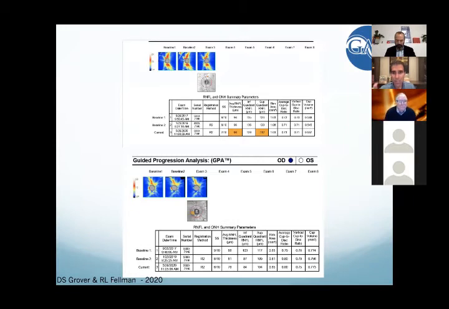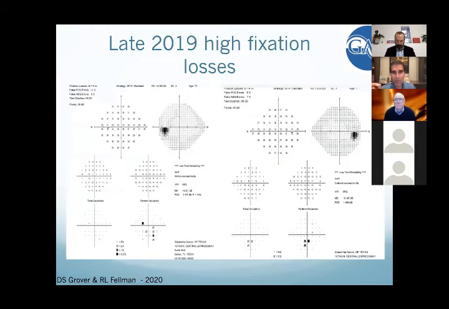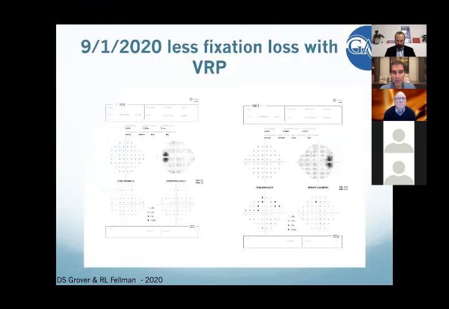And what was interesting is that the traditional Humphrey didn't pick it up. So perhaps what's challenging me with this technology is it's picking up classic field defects that correspond to nerve fiber layer loss perhaps sooner than we would see with traditional Humphrey perimetry.